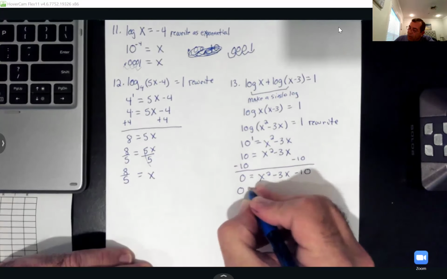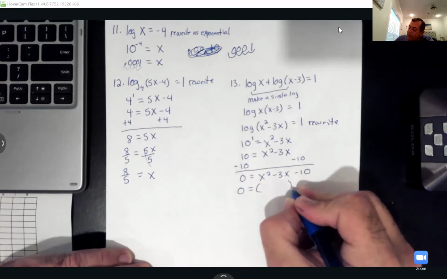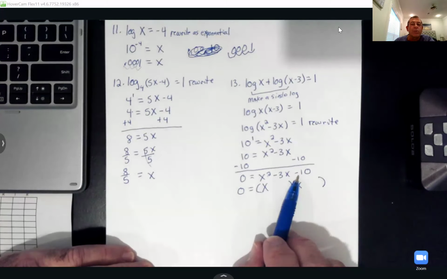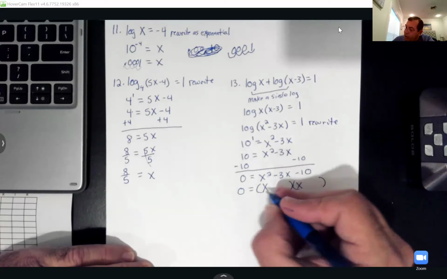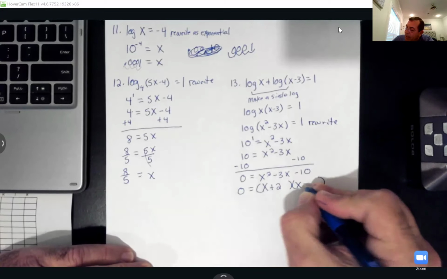All right, y'all. So to solve this, we're going to factor this. I got an x and an x. Oh, what do we need? Factors of 10 that'll give me a 3. One's going to be positive, one's going to be negative. Let's see. So y'all got that factored. X plus 2. Good job. And x minus 5.